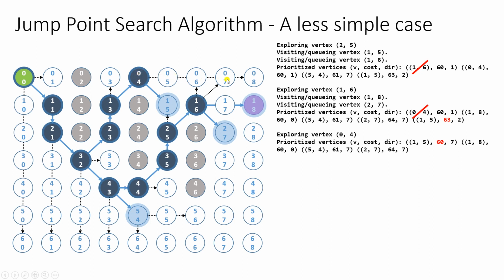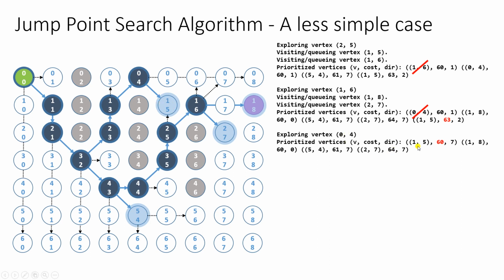It tried to go all the way to the right. It could, but it found this vertex 0, 8 and it stopped here because it's on the edge of our grid. And finally it turned around the obstacle and found this vertex 1, 5, which it, let's say, hijacked from vertex 2, 5.